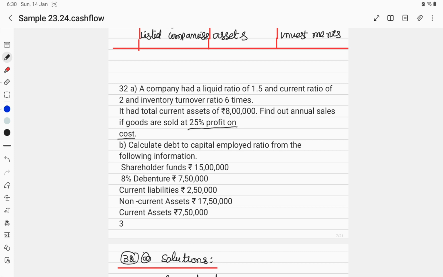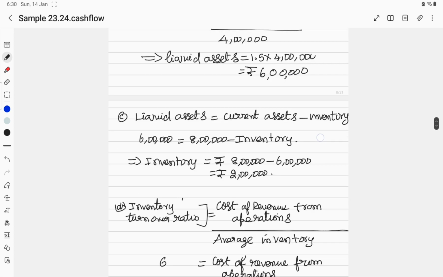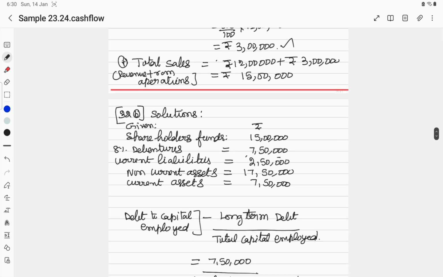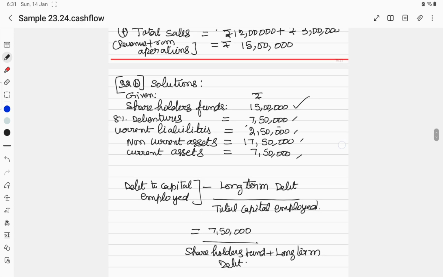Shareholders funds rupees 15 lakhs, 8% debentures rupees 7 lakh 50,000, current liabilities rupees 2 lakh 50,000, non-current assets rupees 17 lakhs 50,000, current assets rupees 7 lakh 50,000. Solution. Given the same values.